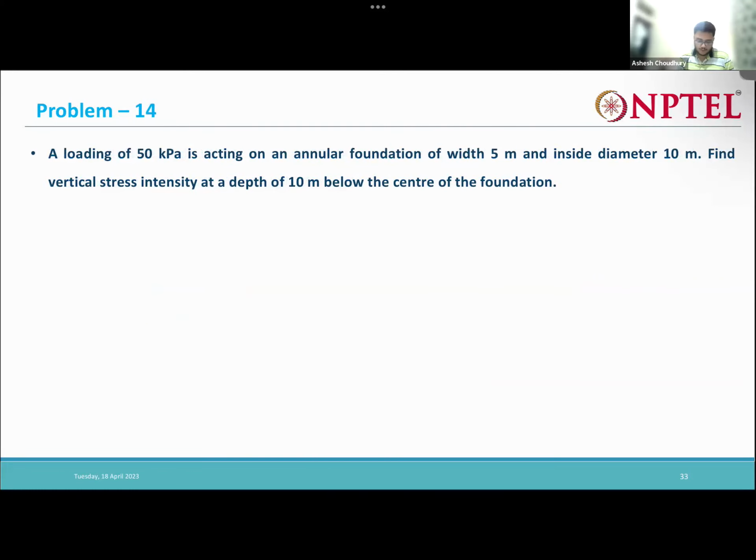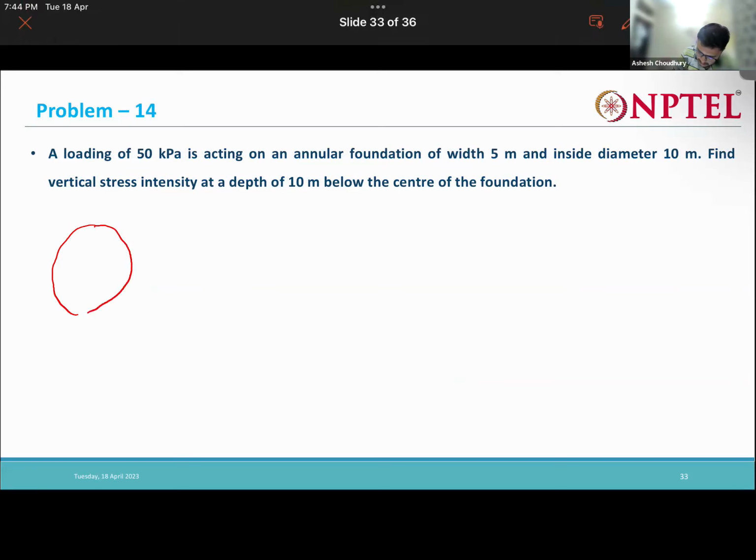So a loading of 50 kPa is acting on an annular foundation of width 5 meter and inside diameter 10 meter. Find the vertical stress intensity at a depth of 10 meter below the center of the foundation. Annular foundation means something like this. So one circle is there, and like this, something like this.